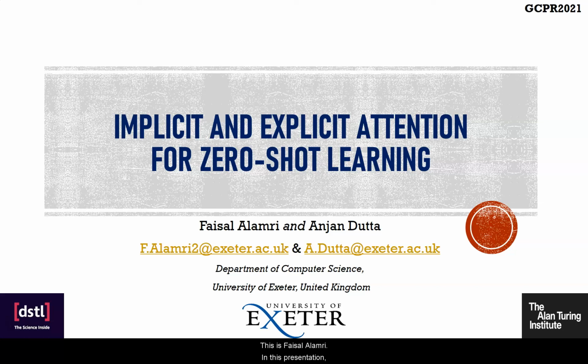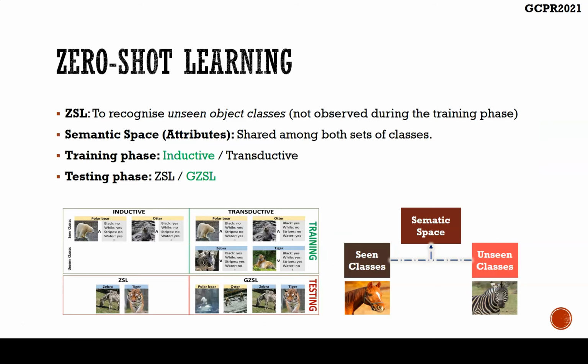In this presentation, I will present our paper titled Implicit and Explicit Attention for Zero-Shot Learning. Zero-shot learning aims to recognize a set of classes known as unseen classes, which are not available in the training phase.